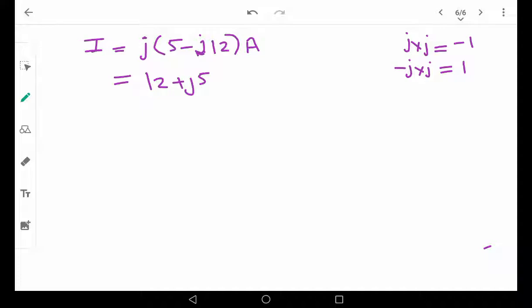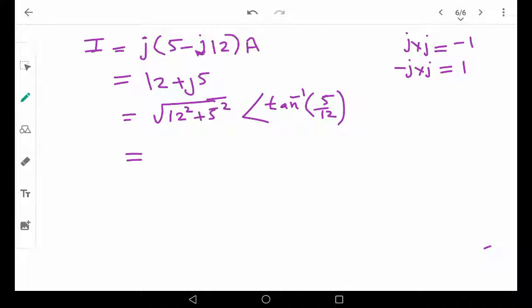So what is the amplitude of this? The amplitude is the square root of 12 squared plus 5 squared, and the angle is tan inverse of y by x, that is 5 by 12, right? So you can write this as 13 angle 22.62 degrees. You have to calculate this.